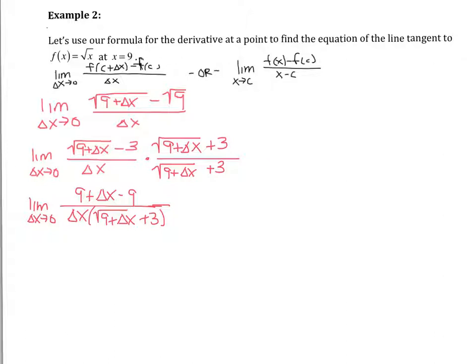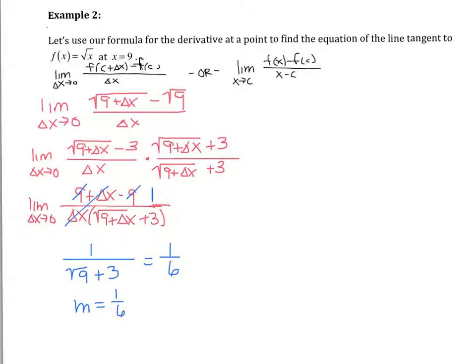Well, conveniently these 9's cancel. Our delta x's cancel, so we're left with 1 on top. If we now do direct substitution, we get 1 over root 9 plus 3, that is 1/6. So our derivative at 9 is 1/6. That means that our slope is 1/6.